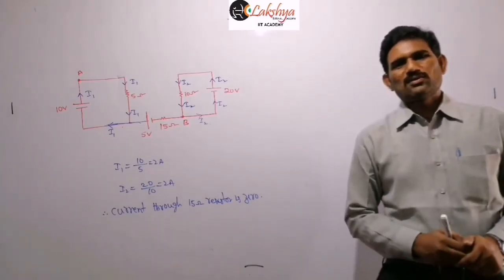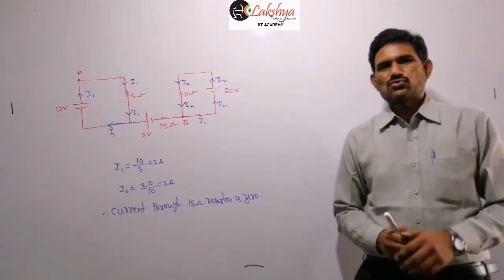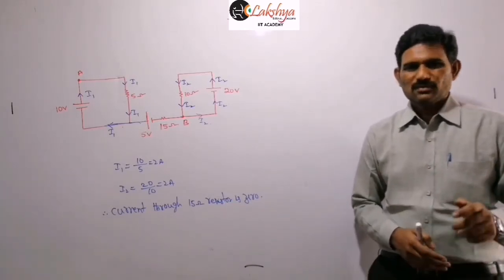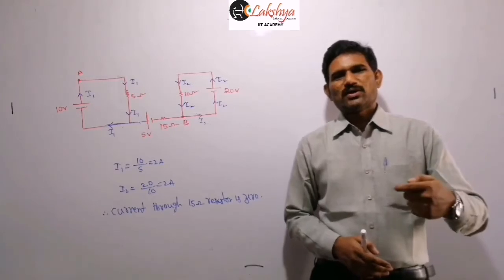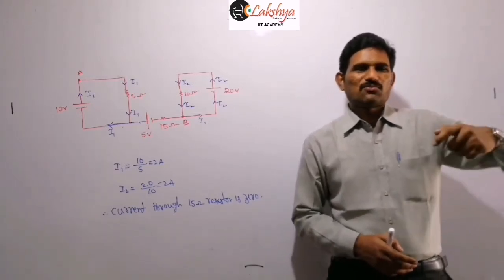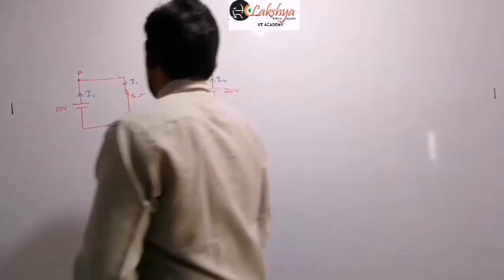To find it, we assume an imaginary cell is connected between those 2 points, whose EMF is equal to the potential difference between those 2 points. So you may mention that.